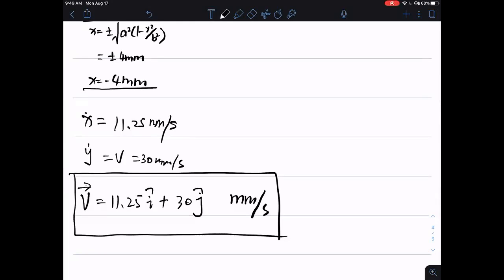And we go through a lot of things to find what is x dot and y dot. And once we find x dot and y dot, plug them into the equation, you get the result for velocity. And next time we're going to spend probably less than 5 minutes to do the acceleration, and then we'll be done with section 1AB.